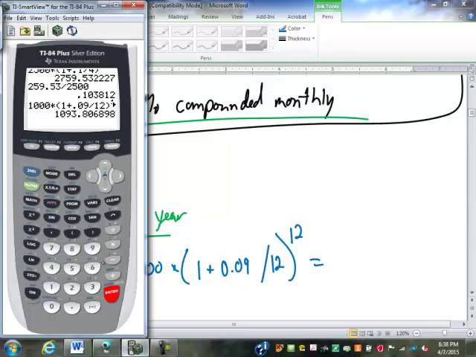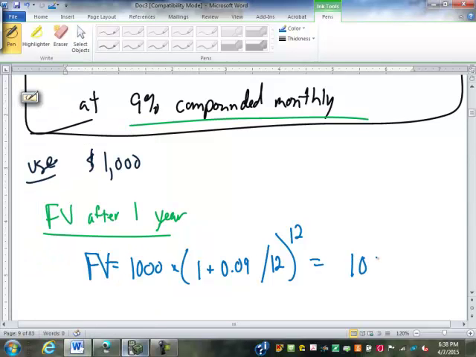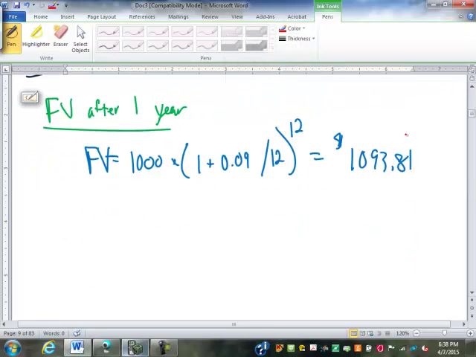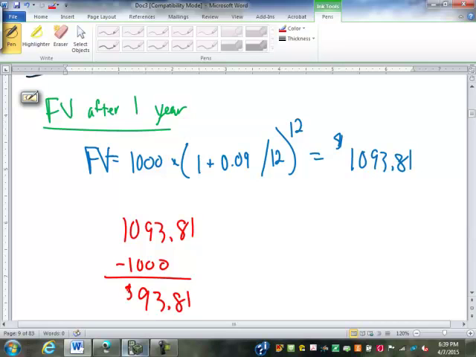Giving us $1,093.81. So this is the reason why I use 1,000, because now it's really easy to find the amount of interest. We're going to subtract $1,000. So we get the interest is $93.81.